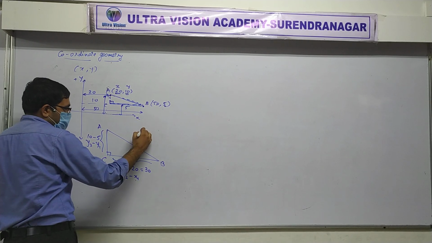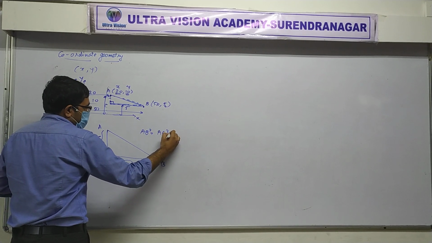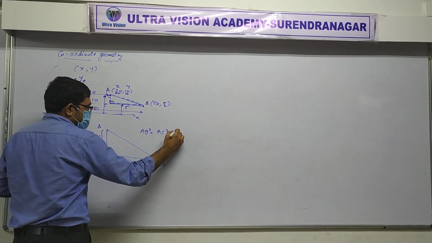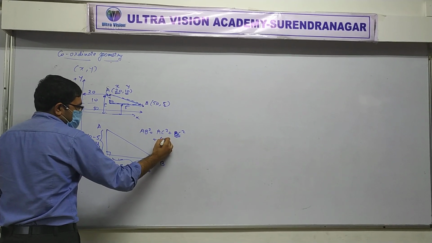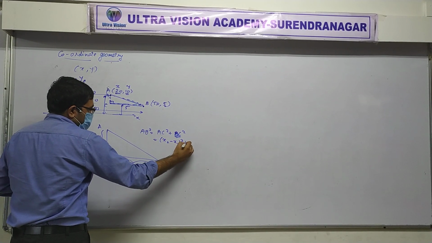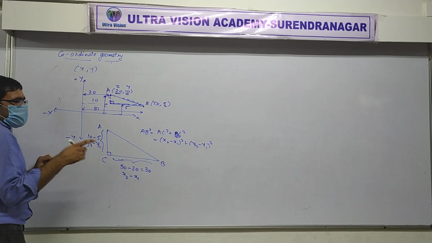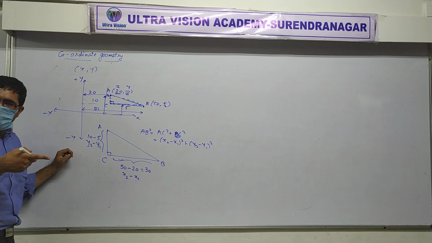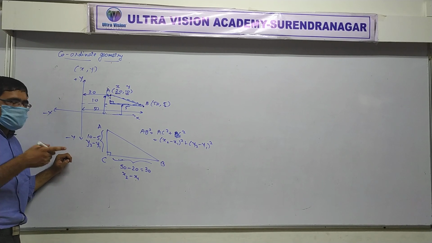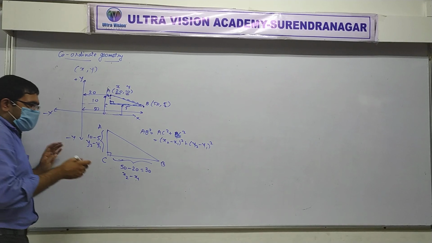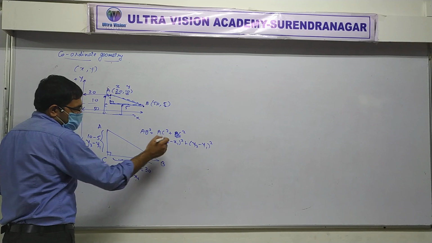And now this distance by Pythagoras theorem is AB squared equals AC squared plus BC squared. So BC squared is nothing but x2 minus x1 whole squared, and AC squared is nothing but y2 minus y1 whole squared, under a square root. This is called the distance formula. Frankly, it's just Pythagoras theorem, but you are using coordinates to express everything.